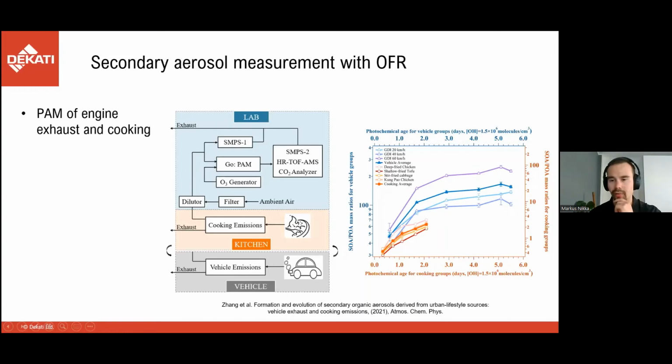And for the cooking, the difference is not that significant, but there is 1 to 3 times more secondary organic aerosol compared to the primary organic aerosol.